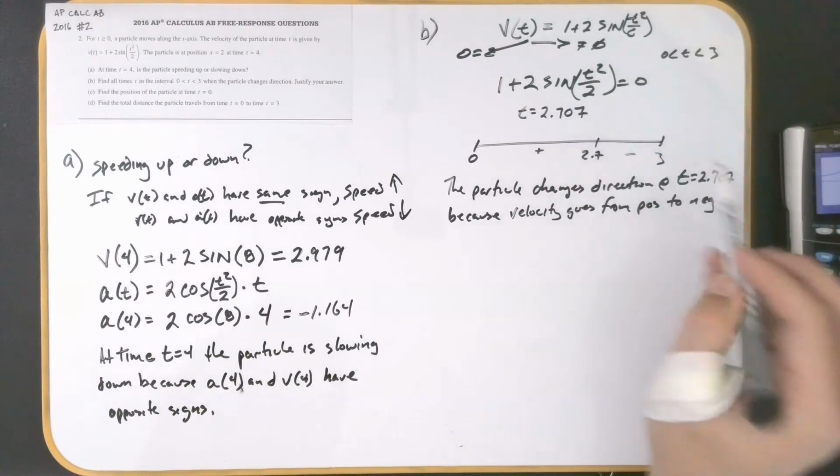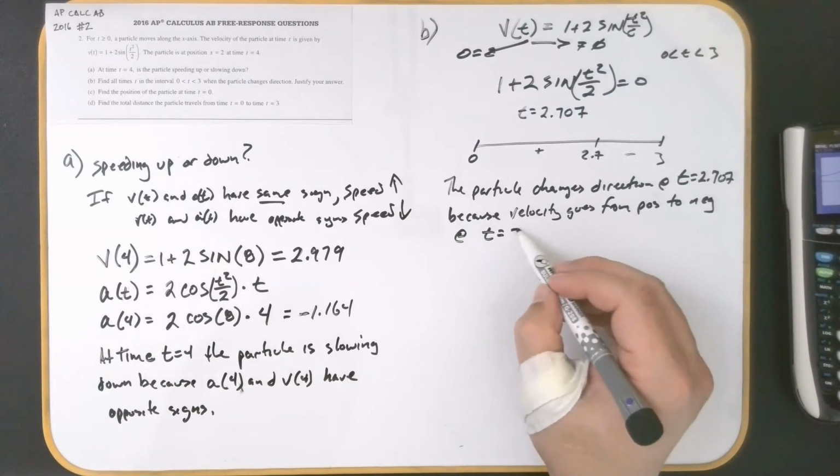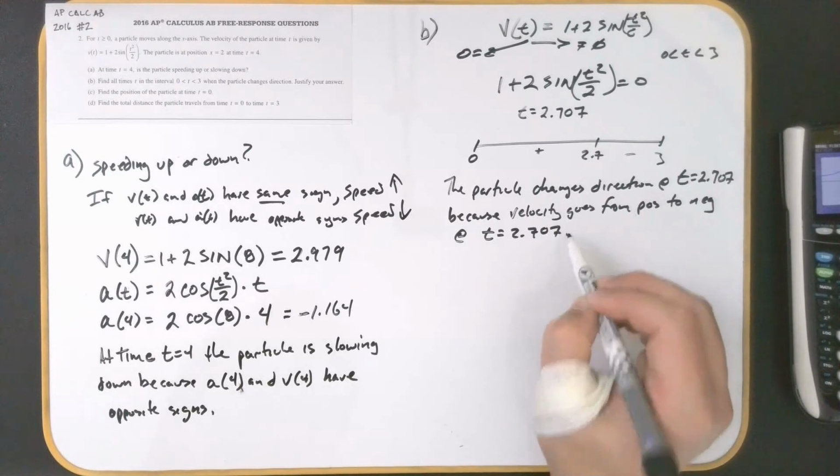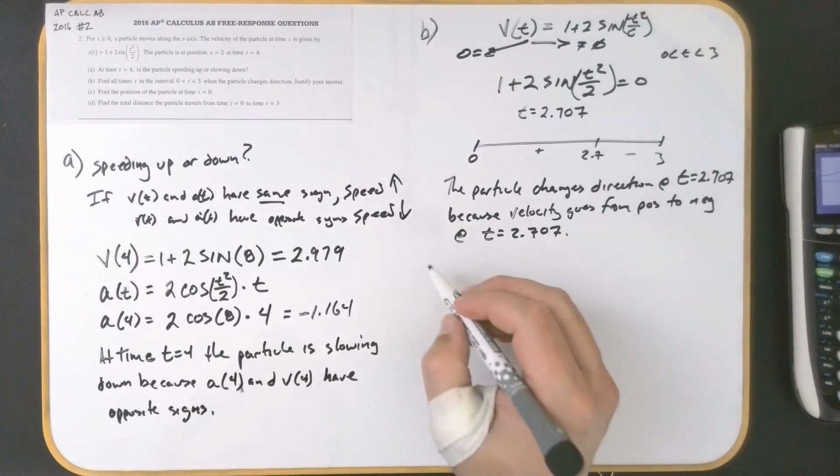Okay, my velocity is going from positive to negative at time 2.707. Okay, so when you want to justify that position is changing or direction is changing, you have to justify it with a statement about velocity changing sign. And so that's how we do it there.